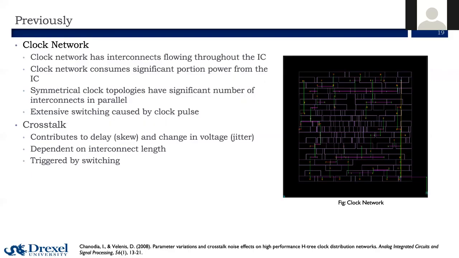In terms of crosstalk, it contributes to the delay, which causes skew variations, and change in voltage, which causes jitter. It is dependent on interconnect length, which is a significant factor in a clock network, and it is triggered by switching, which, as we discussed earlier, also happens extensively in the clock network.